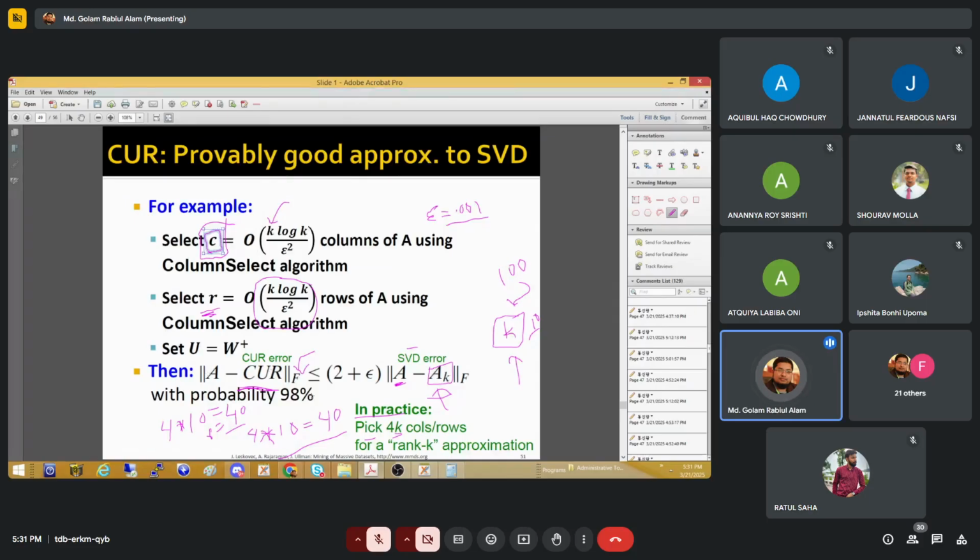That means the difference is the error. This error will be less than 2 times the error of SVD, with a probability of 98%. So though it will be erroneous, it will guarantee the error, maybe not 2 times of that.